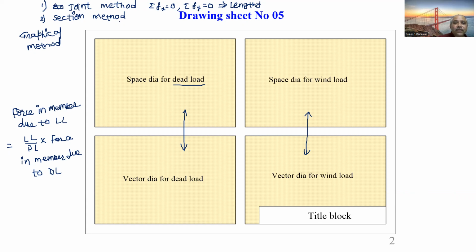The section method we prefer if we have to find force in any intermediate member, or if we have to check randomly the forces calculated by the joint method and the forces calculated by the graphical method. Then we are going to use the section method.